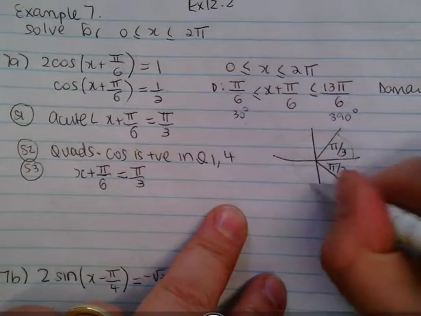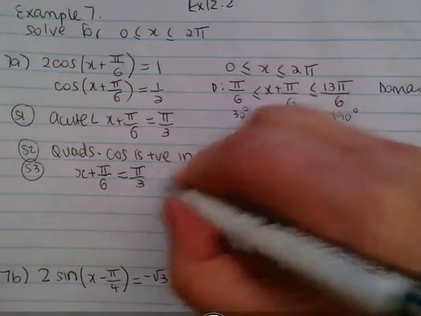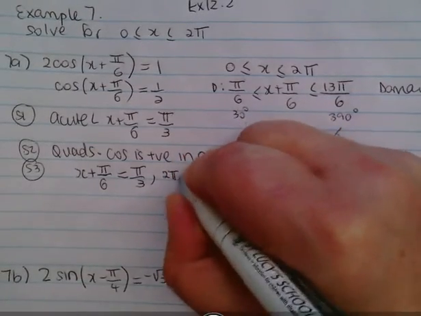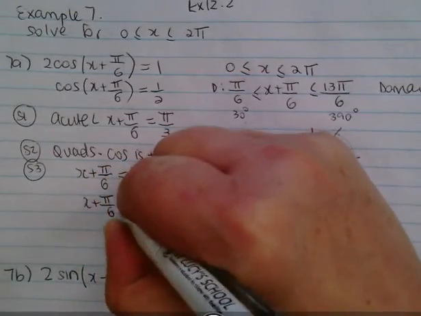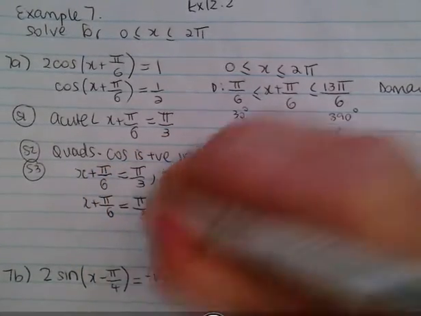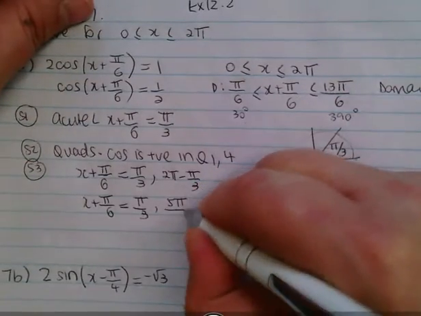My other angle is almost 2 pi but short a third, so 2 pi minus a third pi. So therefore x plus pi on 6 is pi on 3, and 2 minus a third, that's 1 2/3, which is 5 pi on 3.